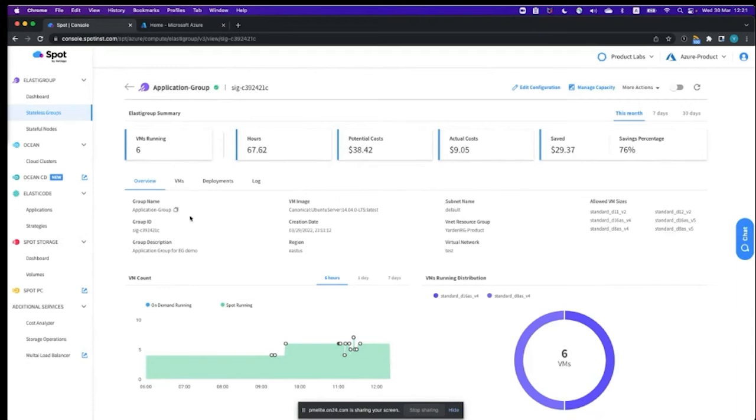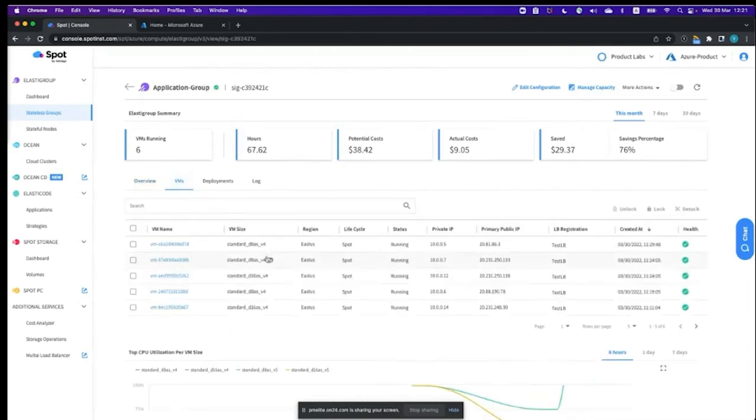You can see the group's name, of course, the image the group is based on, creation time, and the events of the group, of the scale-down and scale-up processes. You can also see the network capabilities, and the VMs themselves, with each VM linking into the Azure portal so you can have a look in there as well.